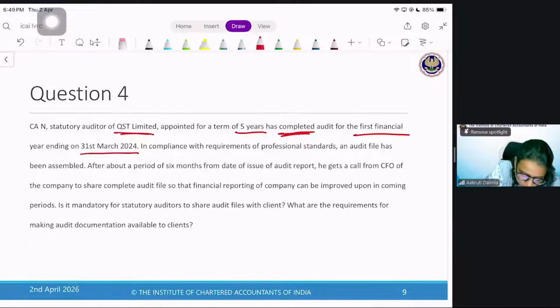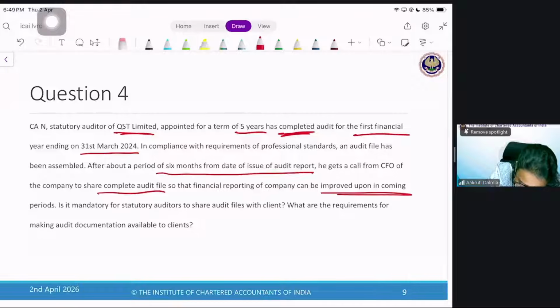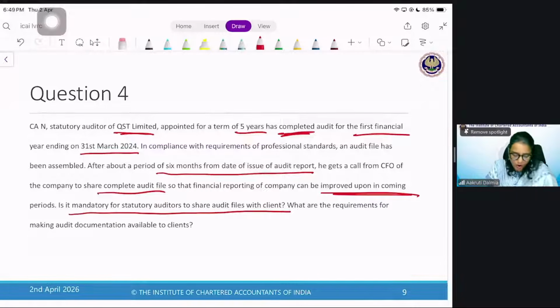After about a period of 6 months from the date of issue of audit report, he gets a call from the CFO of the company to share the complete audit file so that financial reporting of company can be improved upon in coming periods. Is it mandatory for statutory auditors to share audit files? First tell me, is it mandatory? Is it mandatory to share audit files?